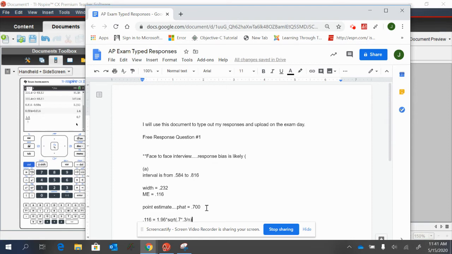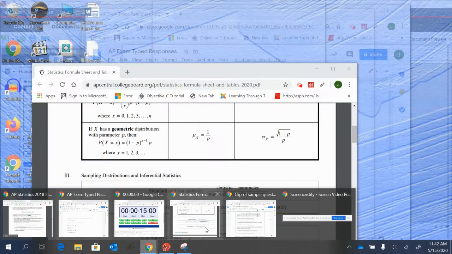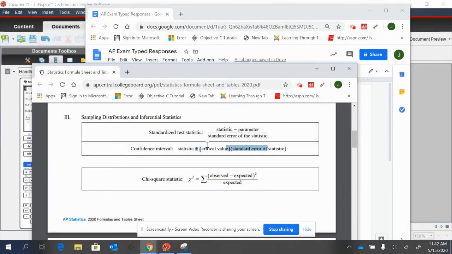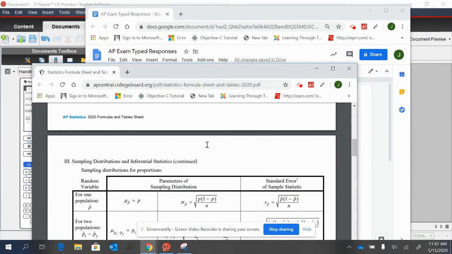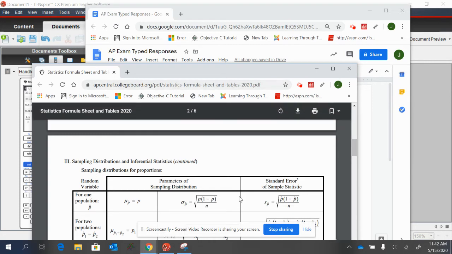Okay. So that's going back to the formula over here. The standard error of the statistic, we're getting from right there. See, that's it right there, this formula. So that's the one I'm trying to use. 0.7 goes in for p, 0.3 goes in for 1 minus p, over n, all of that under the square root sign.